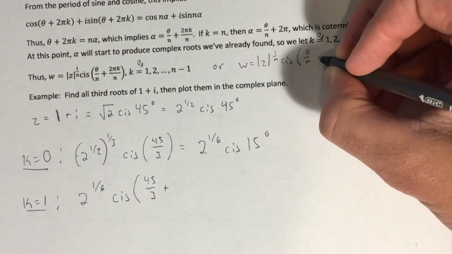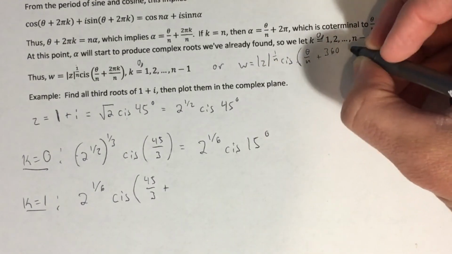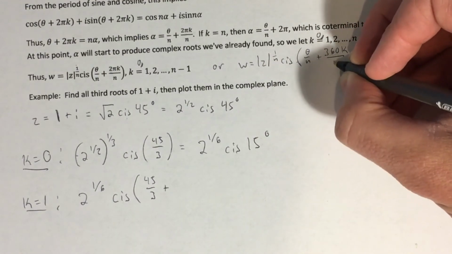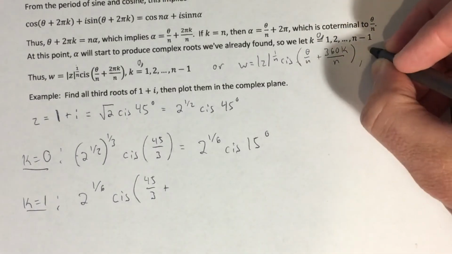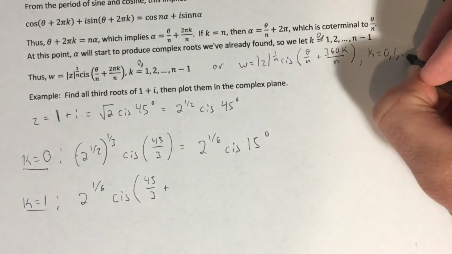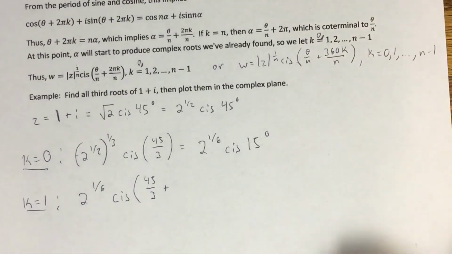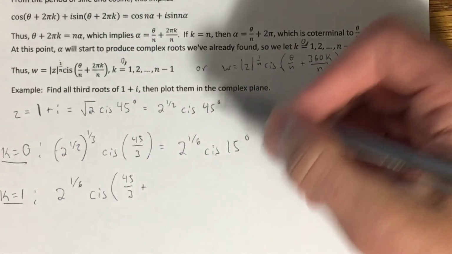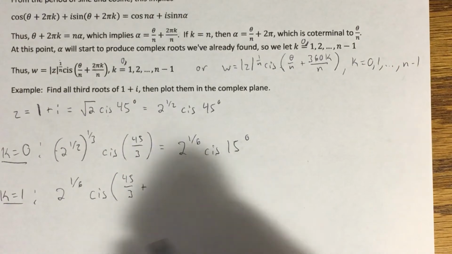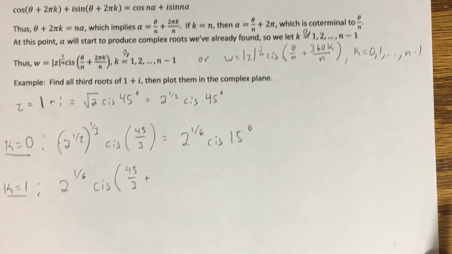Theta over n plus 360k over n. K equals 0, 1, 2, 3, 4, all the way up to n minus 1. Okay, so the 2 pi was working with radians. We're choosing to work with degrees here, so the 2 pi becomes 360 degrees.